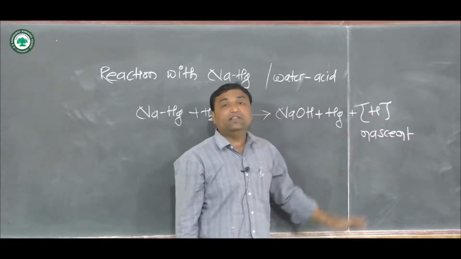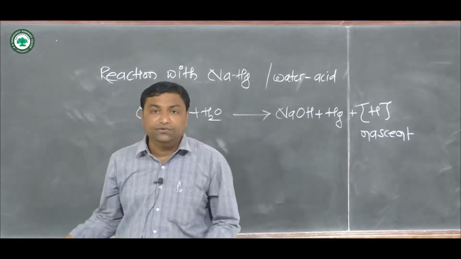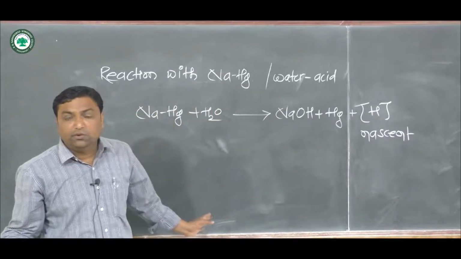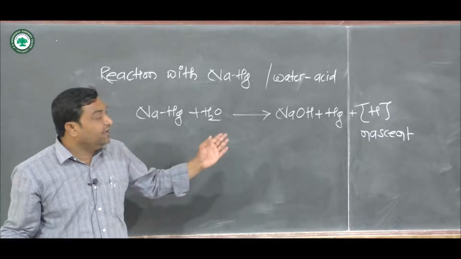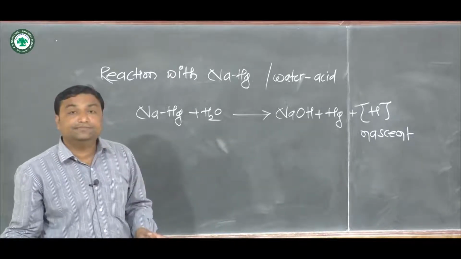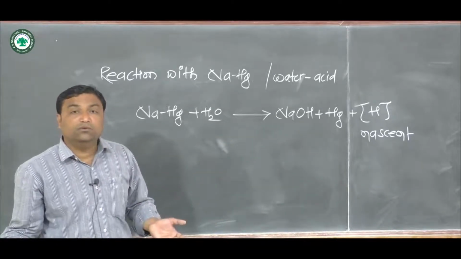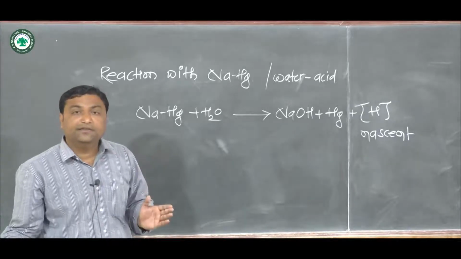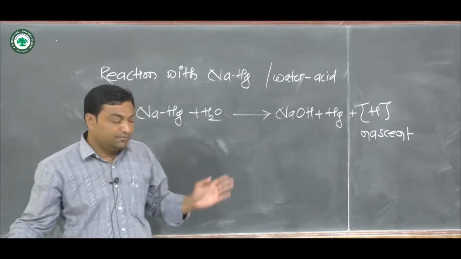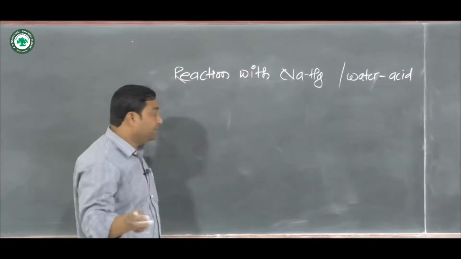When it reacts with an aldehyde molecule, obviously it gives primary alcohol, and when this nascent hydrogen is treated with a ketone molecule, then we obtain secondary alcohol as a product, as seen in our example.